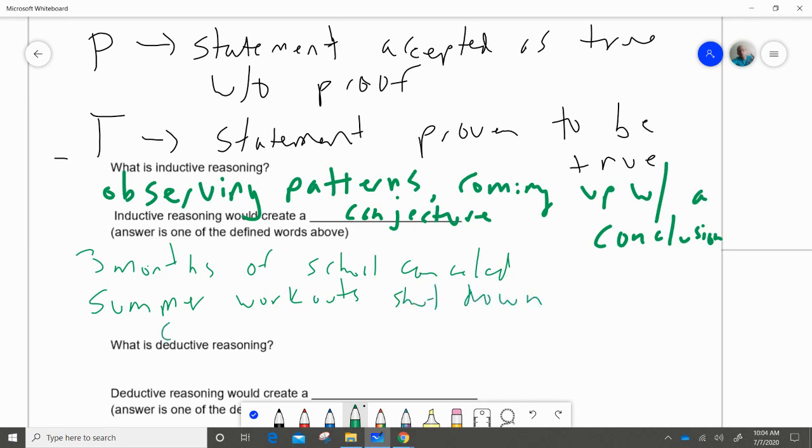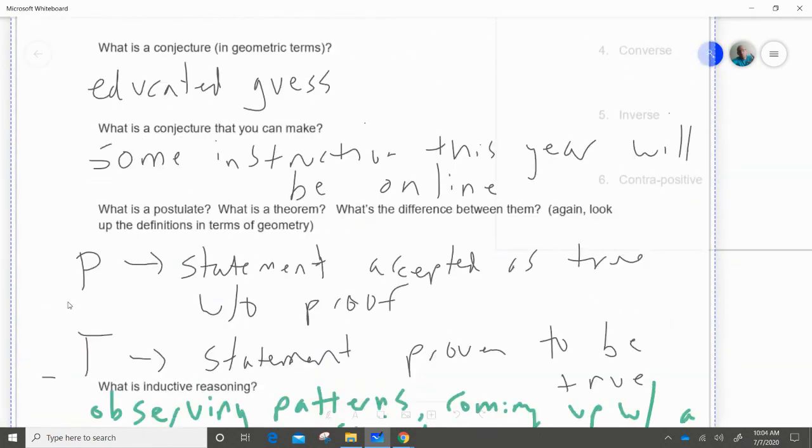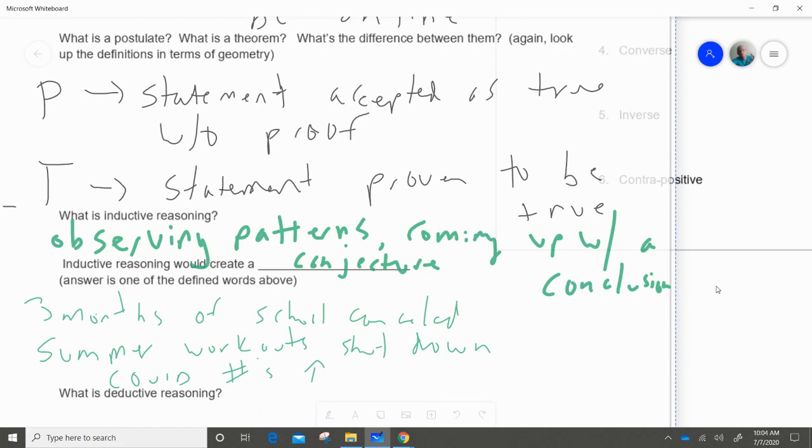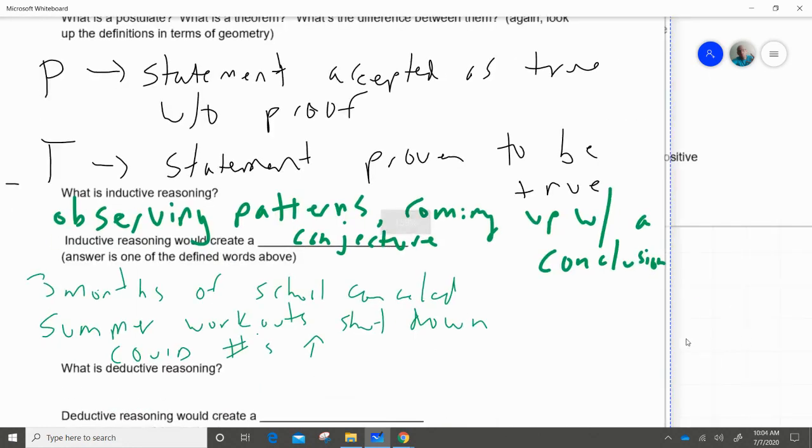And we have COVID numbers going up. So my conjecture, going back up here, was that some instruction this year will be online. So that is an example of inductive reasoning.